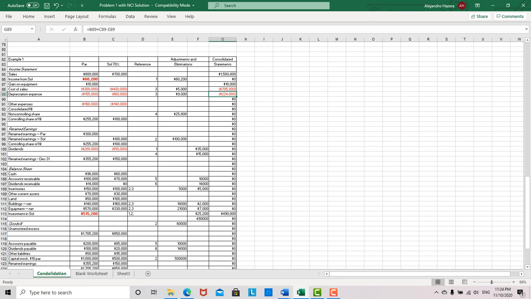And then we're going to come to other expenses, which is usually a very easy entry. 300,000. Okay, and then we're just going to treat this as a negative because it's like an expense. We treat non-controlling interest net income as an expense here.